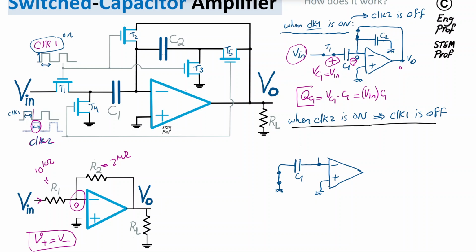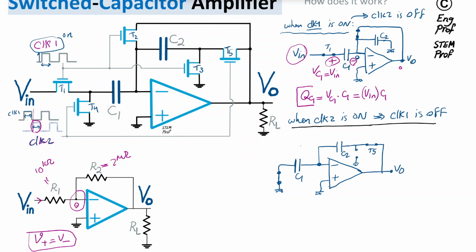And then from the negative input terminal of the op amp, we go to C2. We don't care about T2 here because it's open, so the only thing is C2, and T3 is open, so there is no connection to ground. But then the T5 switch is on, an ideal switch, and therefore it's shorted. So that's T5, and then we go to the output Vout.